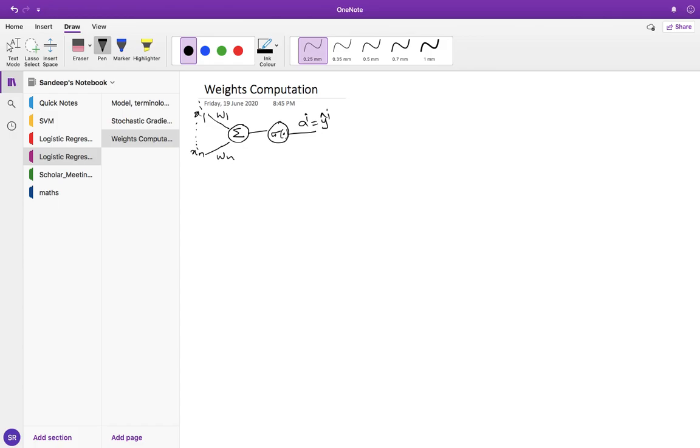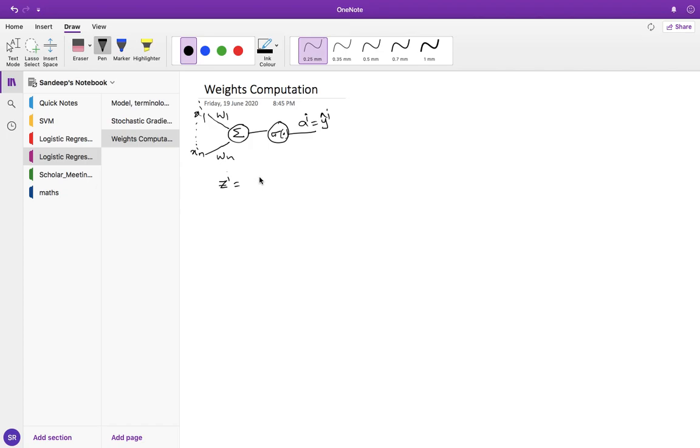So let us compute intermediate components. I'll denote the summation, the sum of products, as zi. I put i in the superscript, because that corresponds to the ith input.